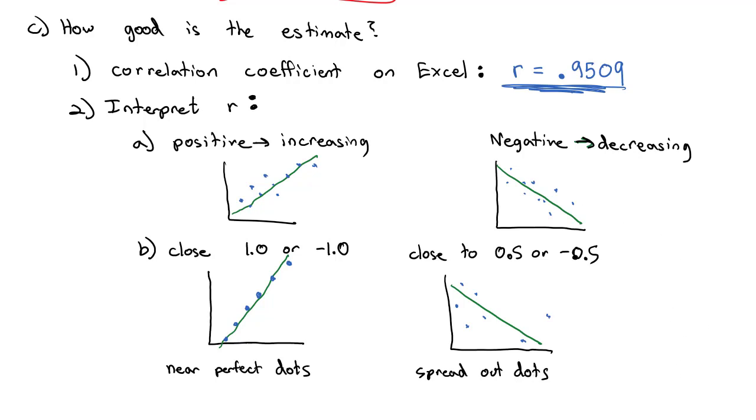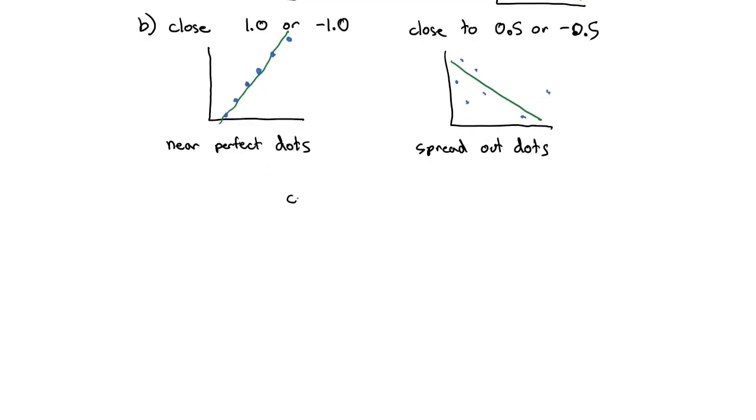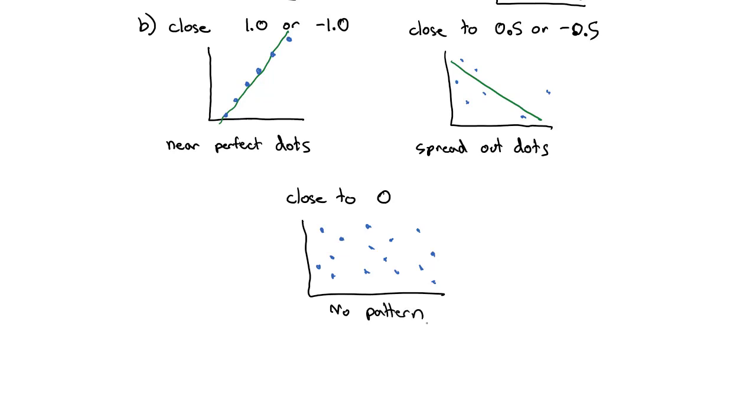In fact, I guess we could even put a third one on here where it's close to 0. When it's close to 0, it really means there's no pattern. And it's hard to say if it's increasing or decreasing. Where do you draw the line? That's going to be no pattern, because the dots aren't close to any line. I guess the best you could do would be to draw a line right through the center, but even that's not informative because the dots are just all over the place.